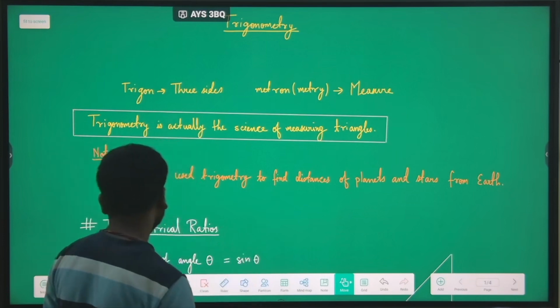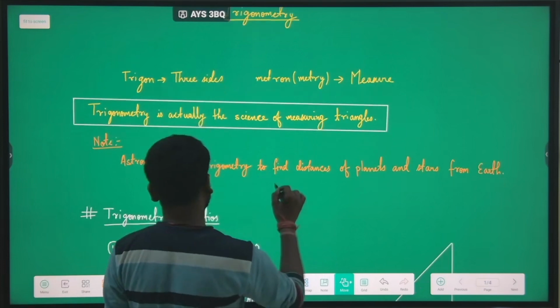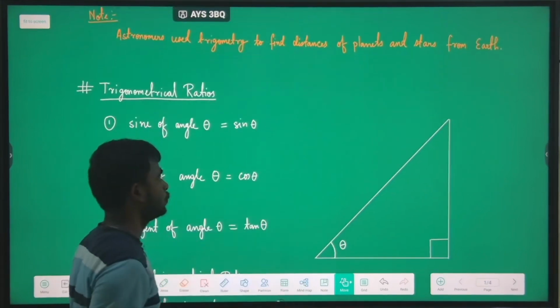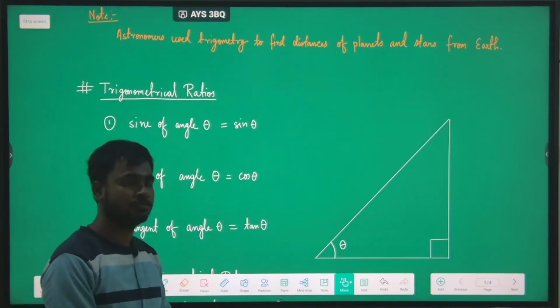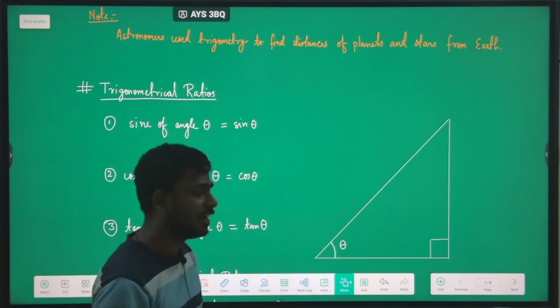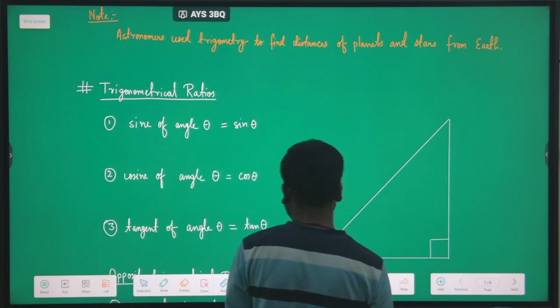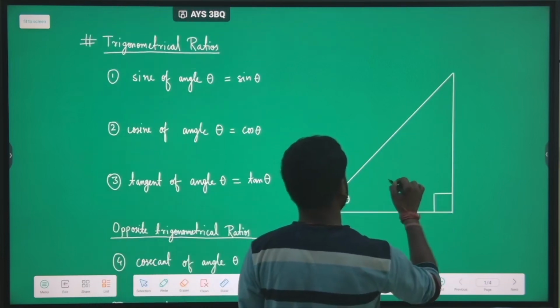Now we will learn about the term called trigonometrical ratios. What does it mean? A triangle has three sides.